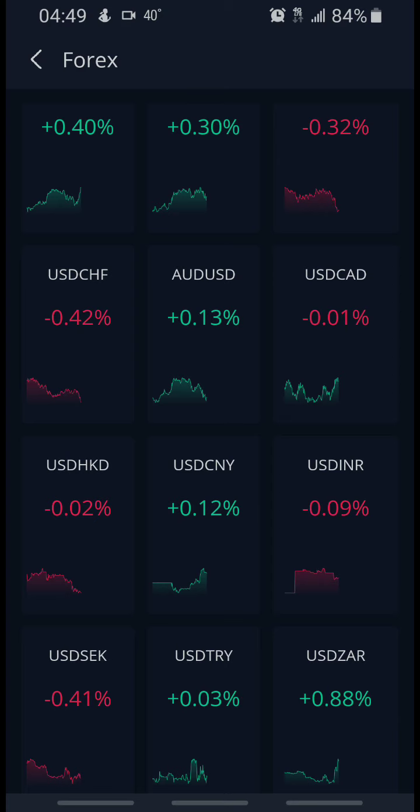Only exception is USD Canadian, which is 0.01 hundredths in the negative, but it's gaining. It's actually that would be positive for that particular currency regime.